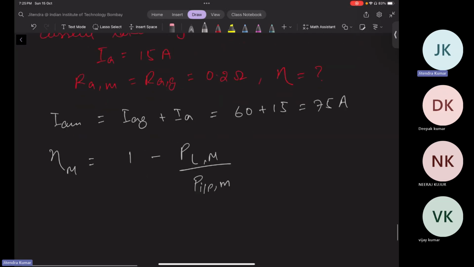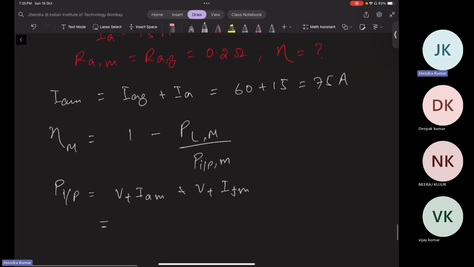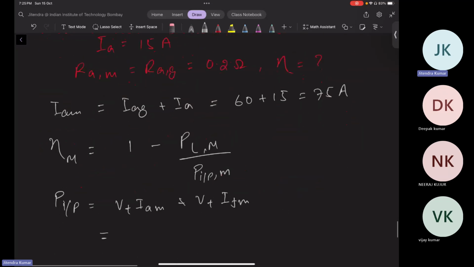So input of motor, we can directly calculate VT into IAM plus VT into IFM. IAM we have calculated 75 here, and VT is given in the question, that is 250.